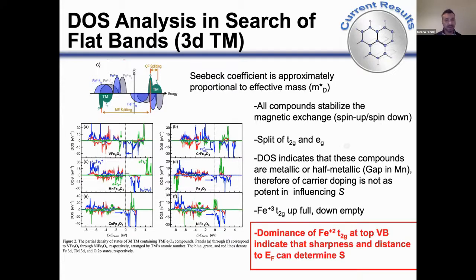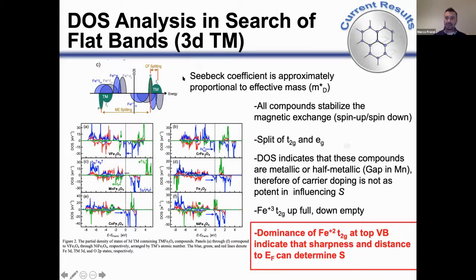What is very important is that, due to the doping, there is a disproportion of iron +3 and iron +2. Now, the iron +3 up is full and down is completely empty, and this is what characterizes this kind of doped compound.